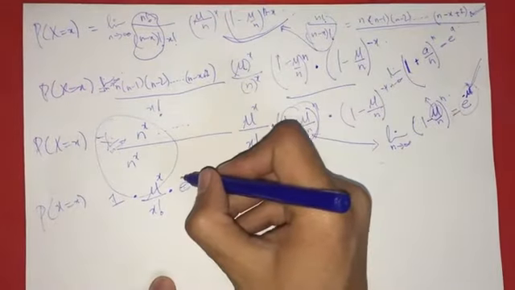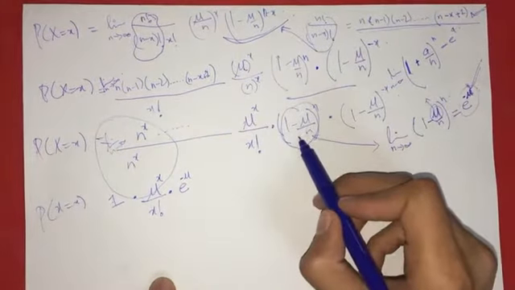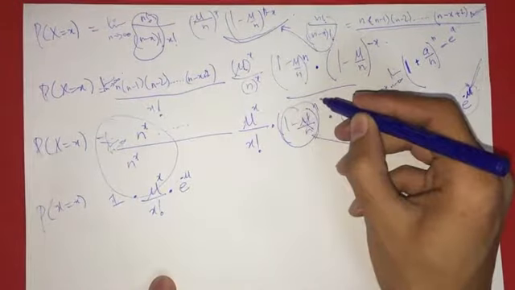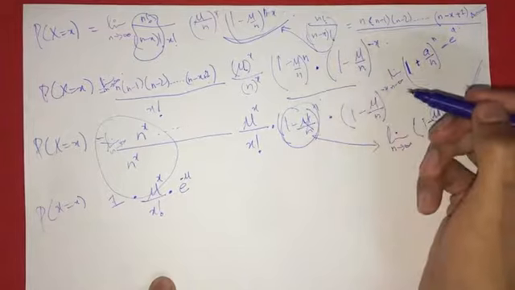So you have e power minus mu, and if you apply the limit to this one, mu by n will be 0, and 1 up to power infinity.